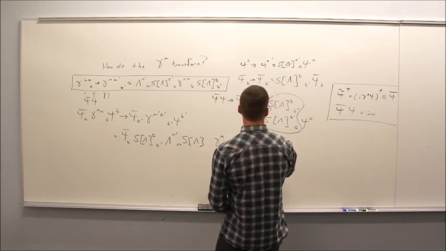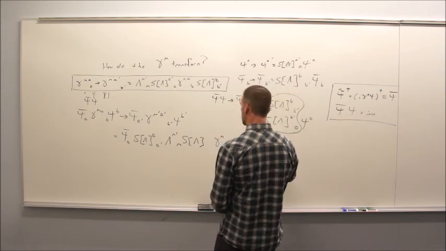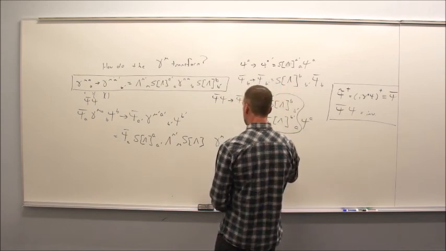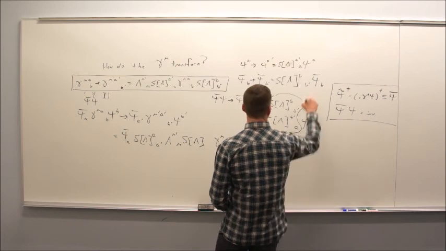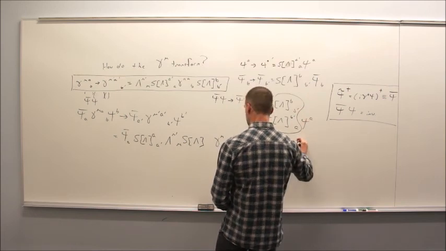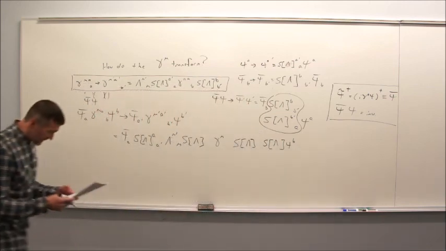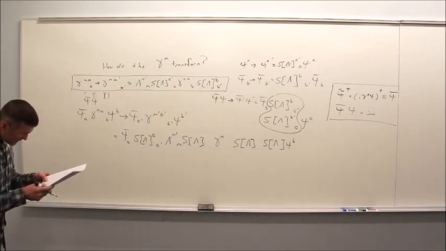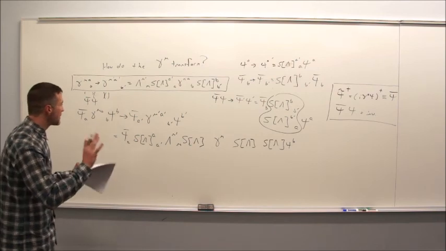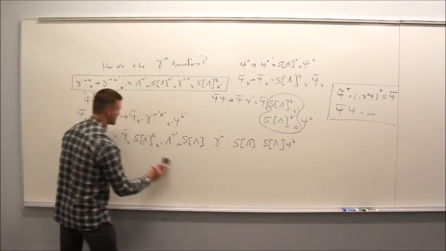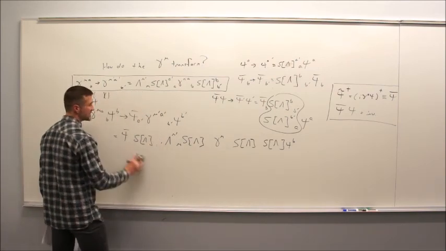Yes, that's my gamma transformation, and then I'm going to transform this, psi bar. Okay. Yeah, no, I don't have it written down on my paper. Oh, that sucks. Okay, I'm not going to worry about the indices, because I'm never going to get the indices to work, to be truthful.